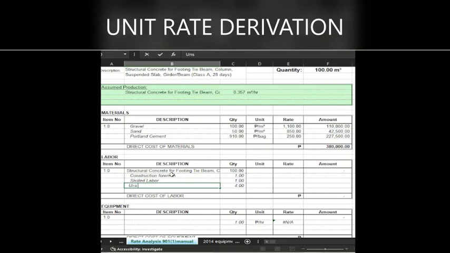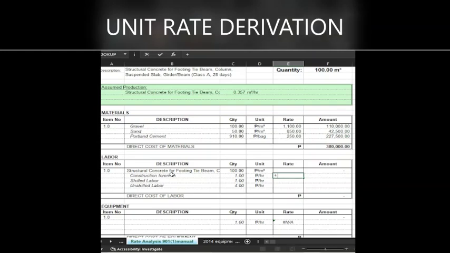So the unit is peso per cubic meter. This one is peso per hour. This one is per hour.